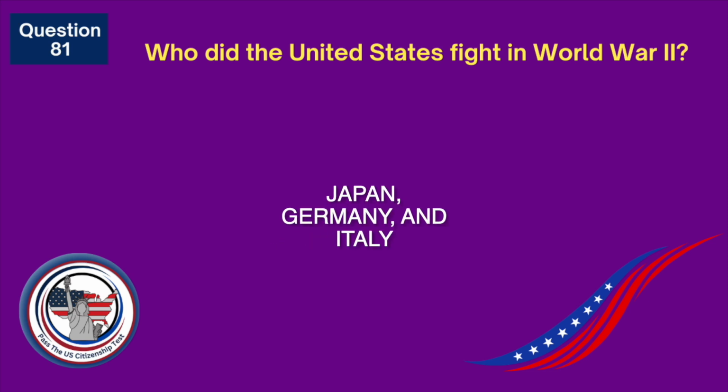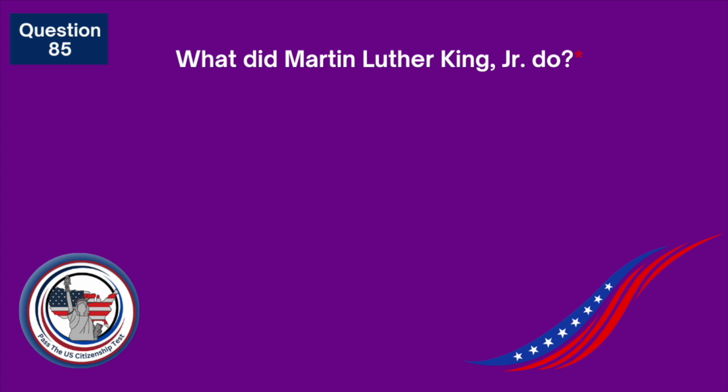Japan, Germany, and Italy. What did Martin Luther King Jr. do? Fought for civil rights.